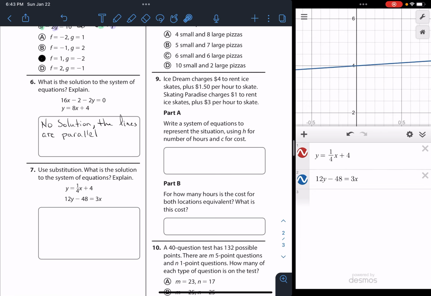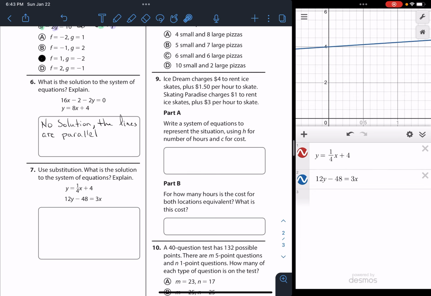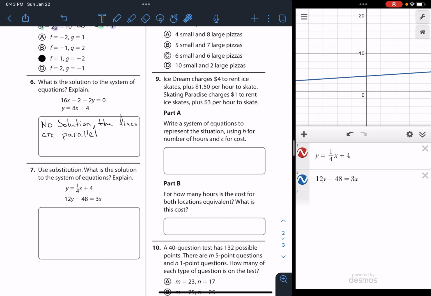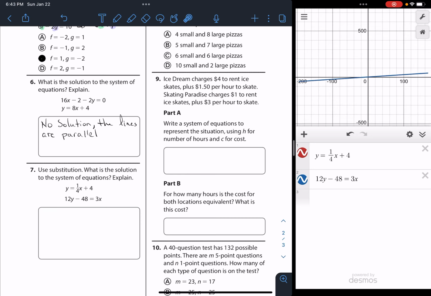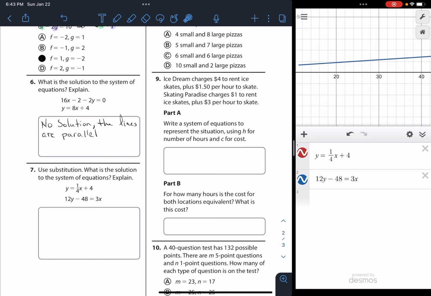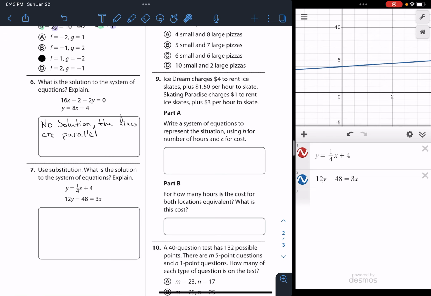When I zoom in and look at the graph, I typed in two equations, yet, don't know if you've noticed, there is only one line. One line, and I graphed two equations. So if there is one line when I graph two equations, that means there's how many solutions? Hopefully you've said infinitely many.